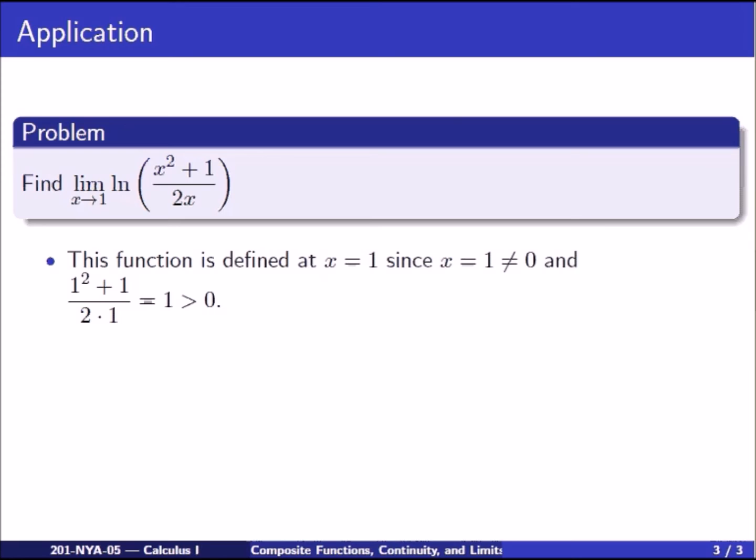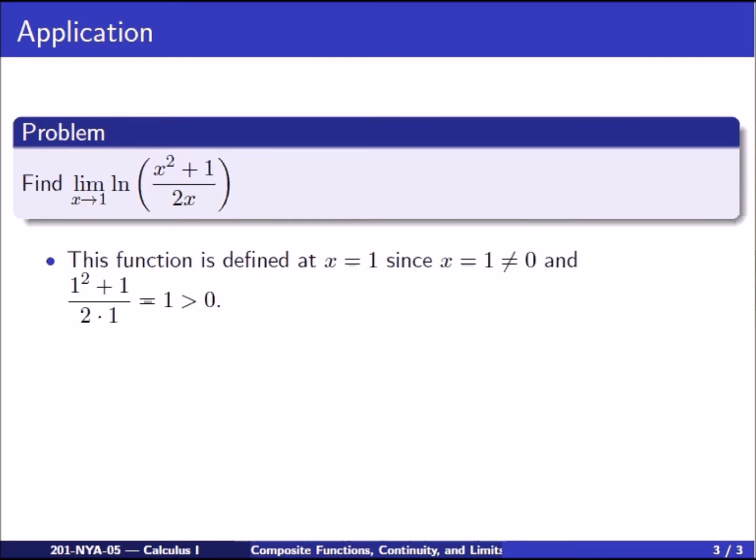Now, the natural logarithm is only defined for positive values. So if we replace x by 1, we get (1 squared plus 1) over (2 times 1). That simplifies to 1, and that's actually a number that is positive. So there isn't any problem here replacing x by 1, and by replacing x by 1, we will get the value of this limit.